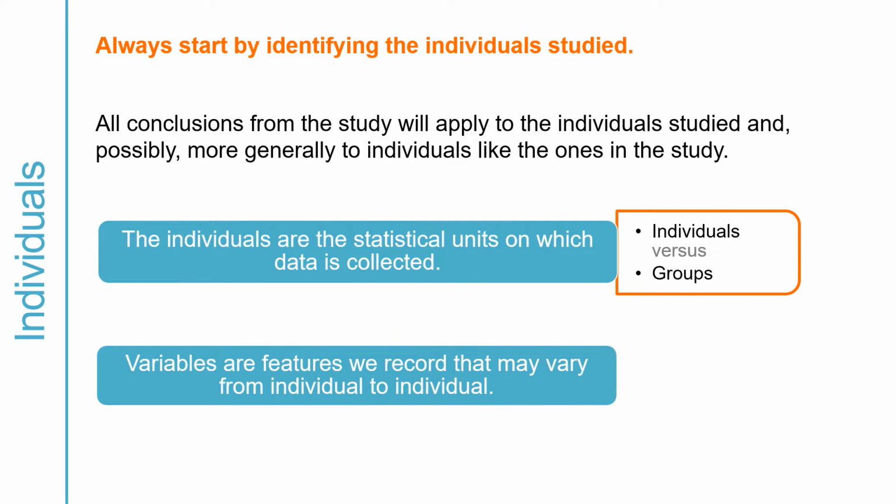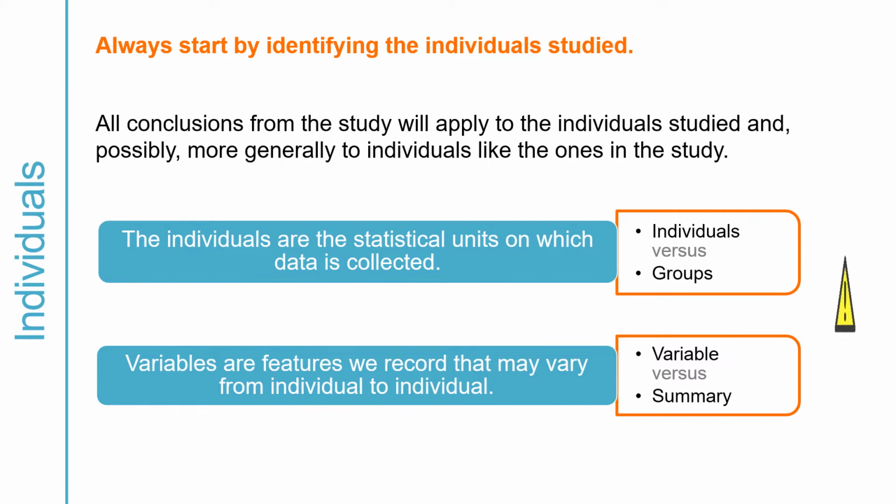The variables are the features that are recorded for each individual. This is different from the summary statistics or parameters that may also be provided in the report. Confusing the individuals and the groups, confusing the variables with their summaries are very common mistakes that can lead you to completely misunderstanding the study or doing the completely wrong analysis.